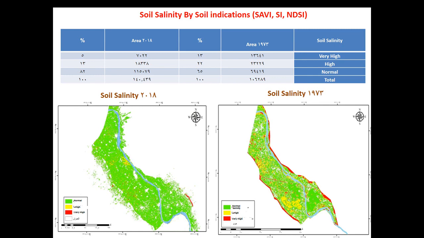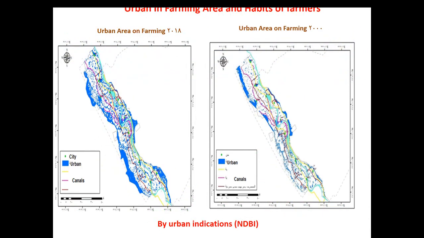In the right side photo, that is because the country is making projects and supporting the farmers to build networks for irrigation and drainage.